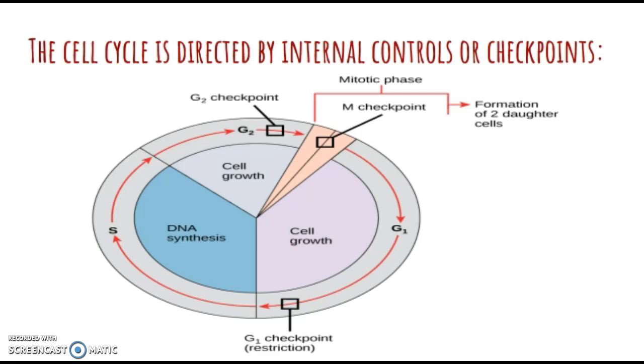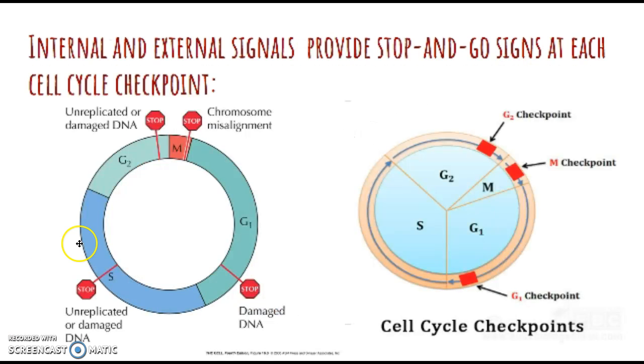The checkpoints are there to make sure that everything is going smoothly and there are no mutations in the DNA before it's turned into daughter cells at the end. Internal and external signals provide stop-and-go signs at each cell cycle checkpoint.